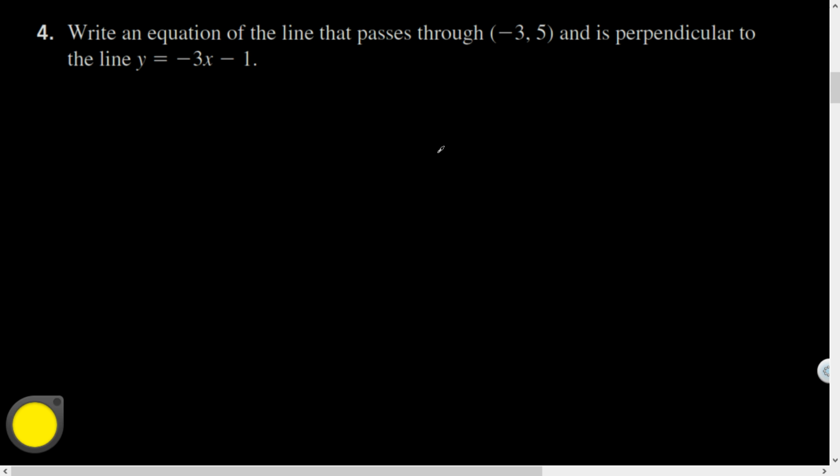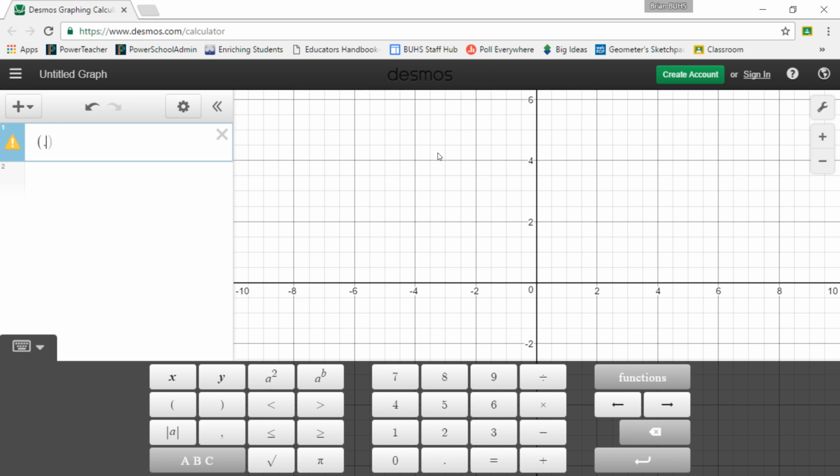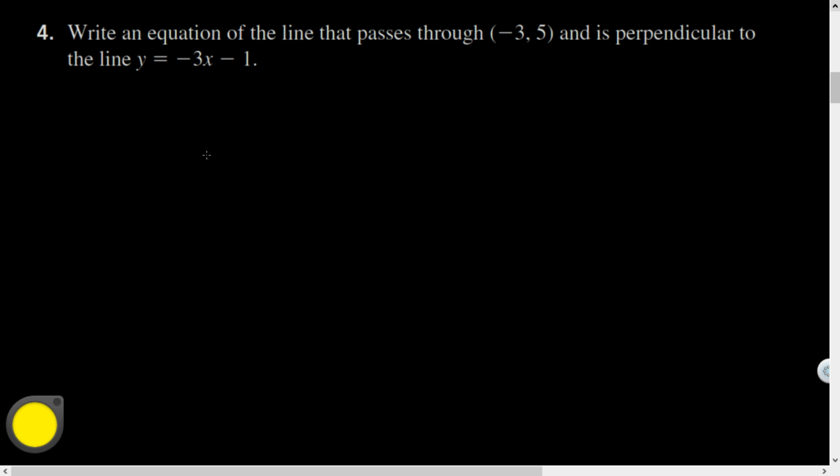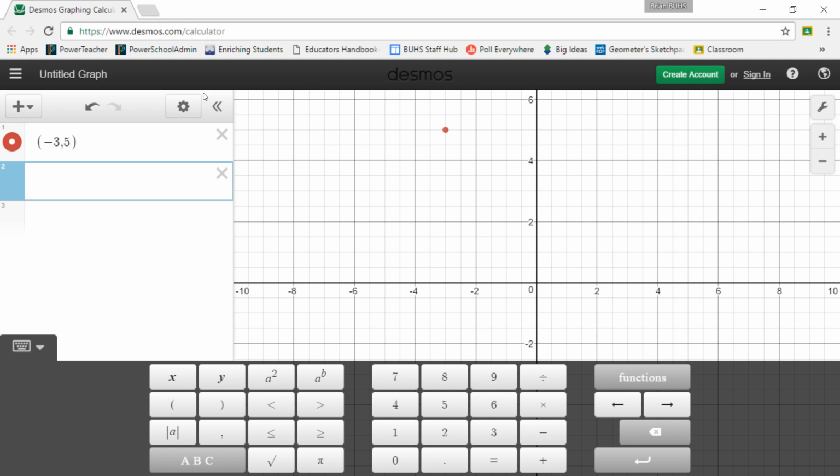For problem 4, I've got the point negative 3, 5. And the equation they gave us was y equals negative 3x minus 1. Negative 3x minus 1.